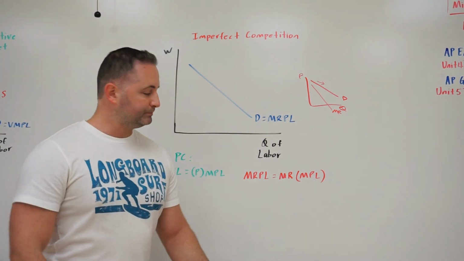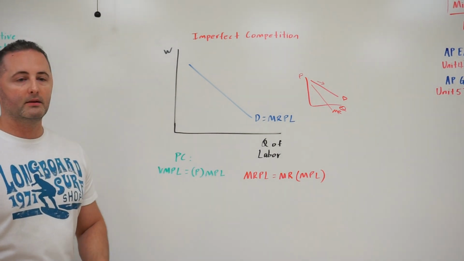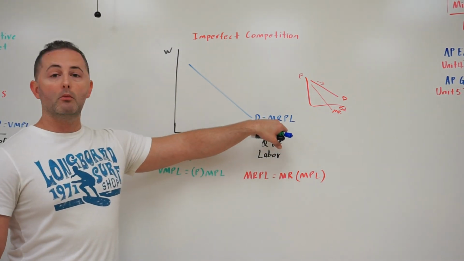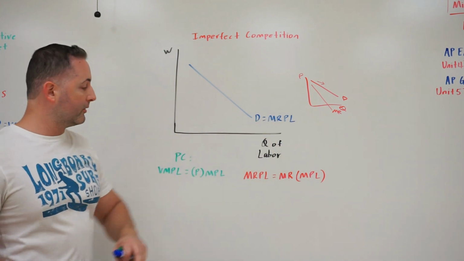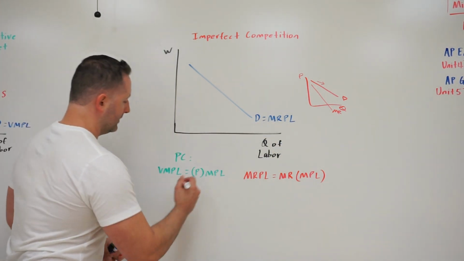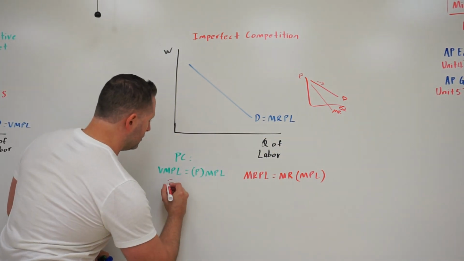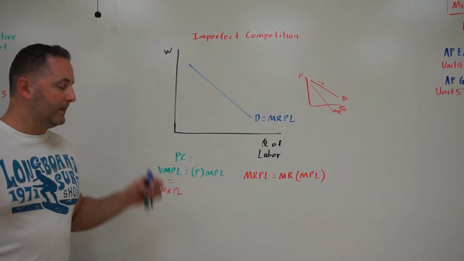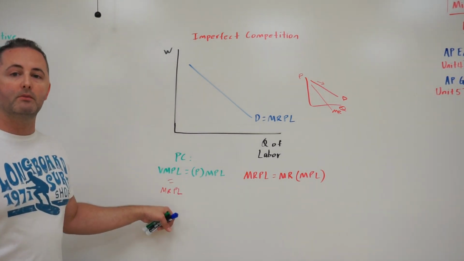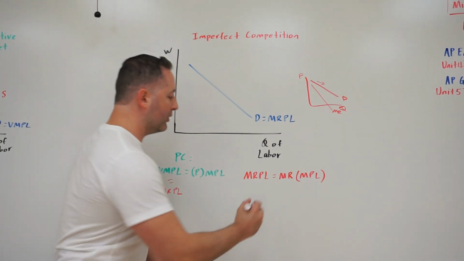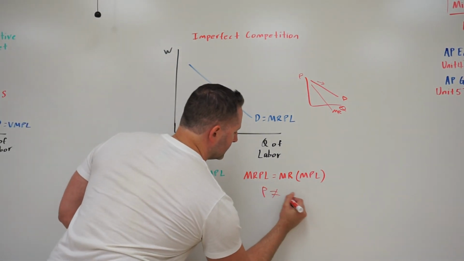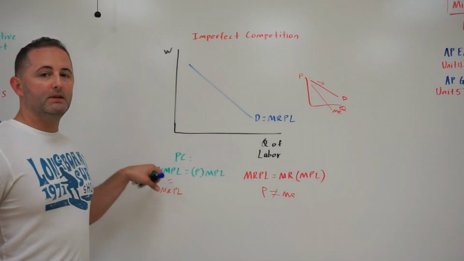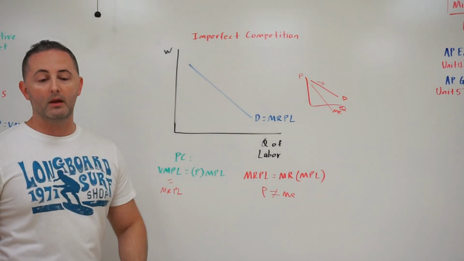So it would be correct to say for the perfectly competitive firm, you can use this term also, because for the PC firm, VMPL equals MRPL. These are the same because the price equals their marginal revenue. Because for the imperfectly competitive firm price does not equal marginal revenue, you cannot use these terms interchangeably.